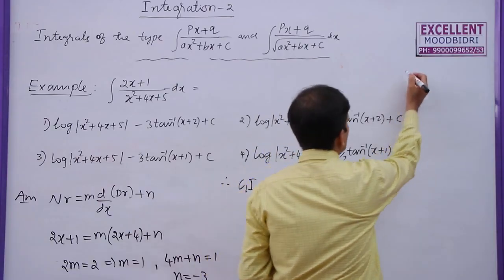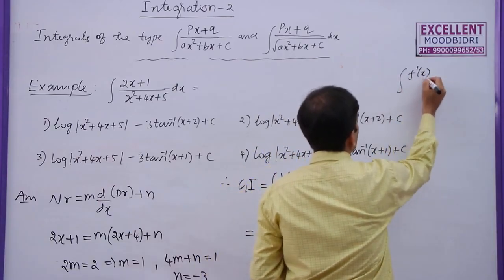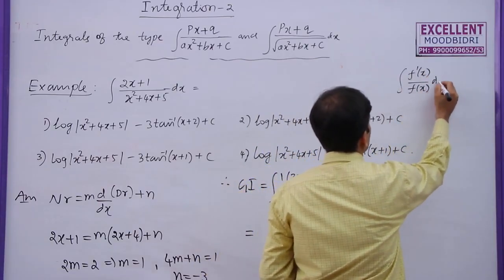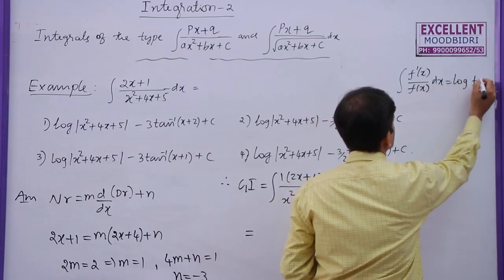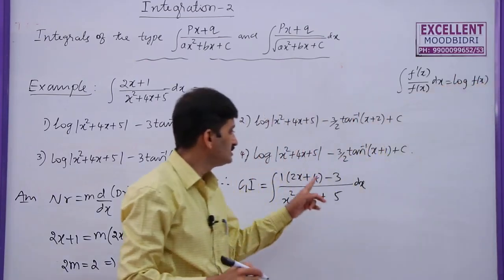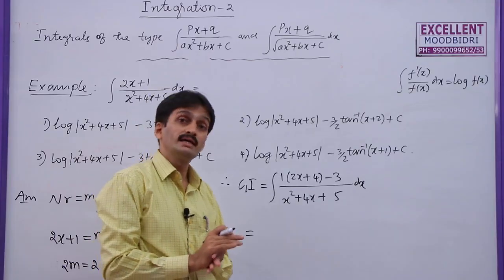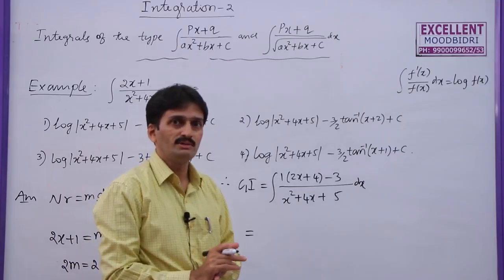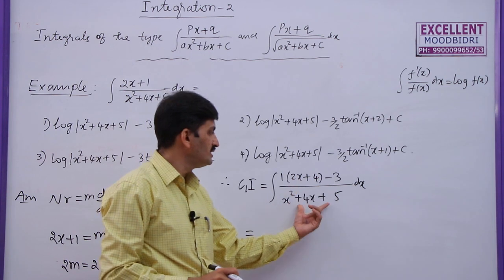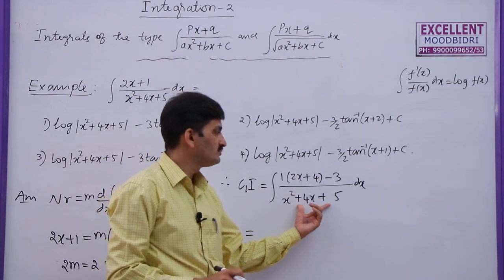Now I have given you one formula. Integration of f dash x by f of x is log of f of x. That is, whenever the numerator is the derivative of the denominator, directly you can write the integral as log of denominator. Now 2x plus 4 is already the derivative of x square plus 4x plus 5.